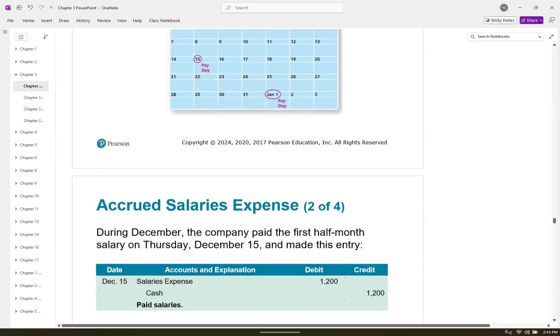During December, the company paid the first half of the salary on December 15th. They debited salaries expense and paid cash. We don't have to do an adjusting entry for this because it's an expense and it has been paid at the same time.